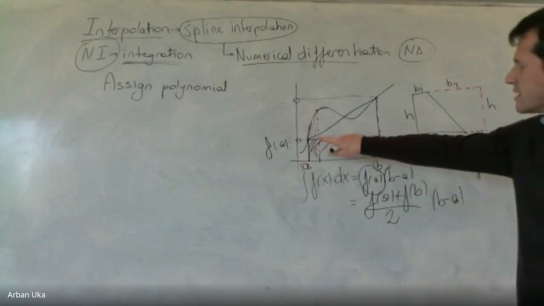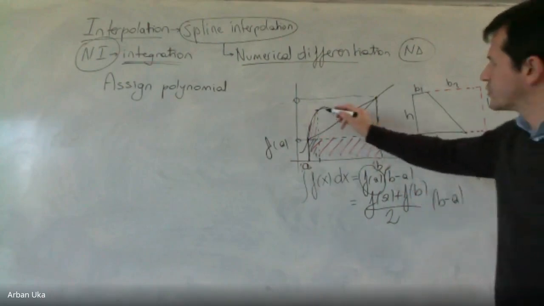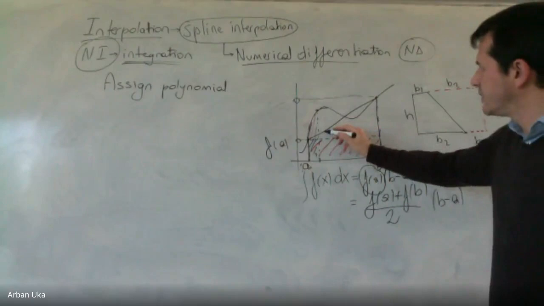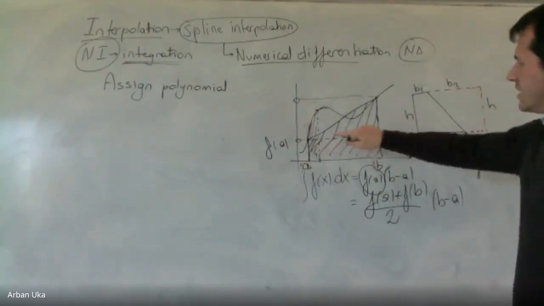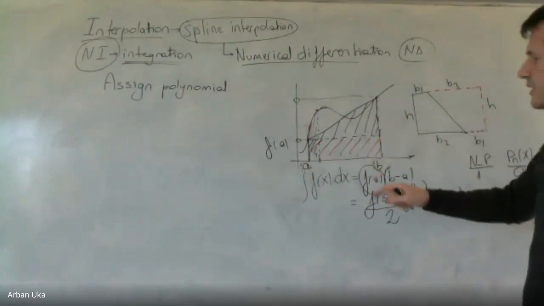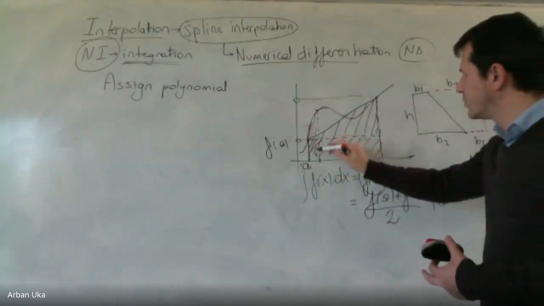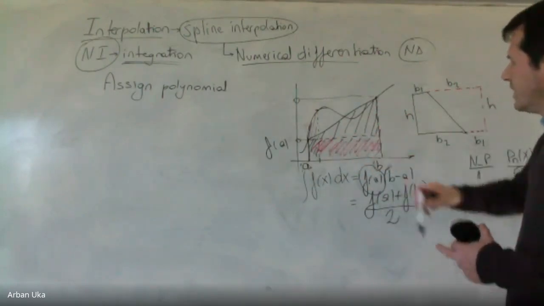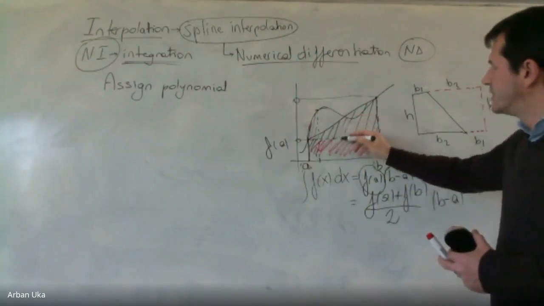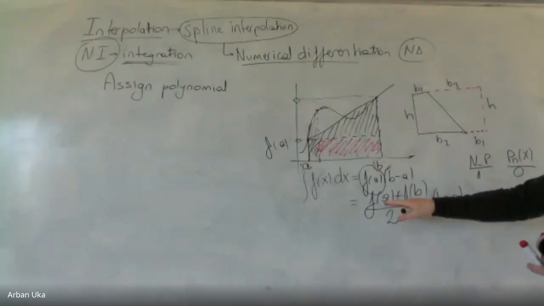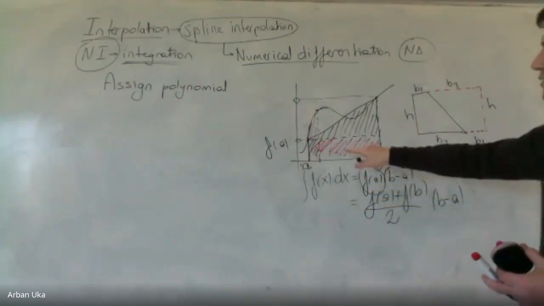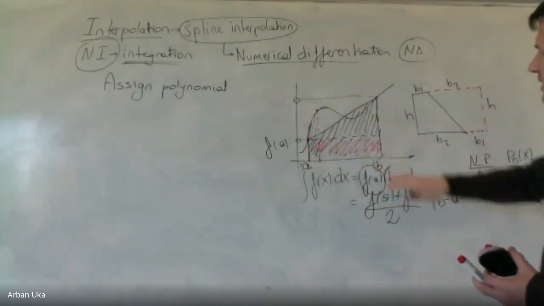If we use this other approximation, which most probably is slightly better, it is going to add this area to the previous area, which we try to draw in red. So now we use a different approach. How many points did we use here to find this new integral?